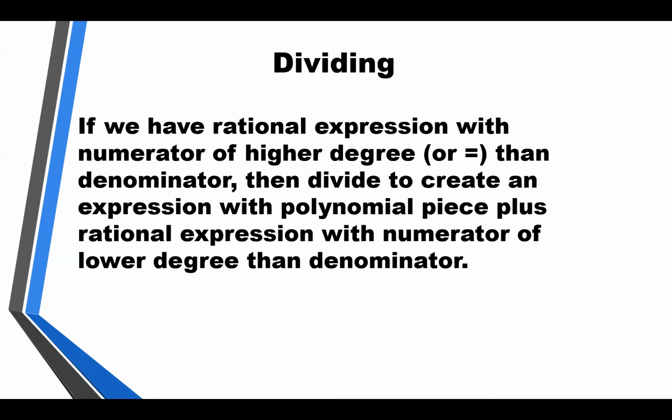And we can always do that. If we have a rational expression where the numerator is of higher degree or equal degree than our denominator, then we can divide to create an expression with a polynomial piece out front plus a rational expression where the numerator is of lower degree than the denominator.